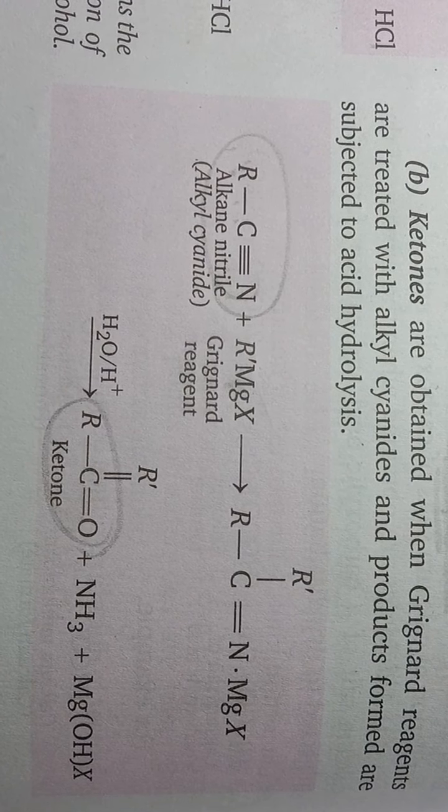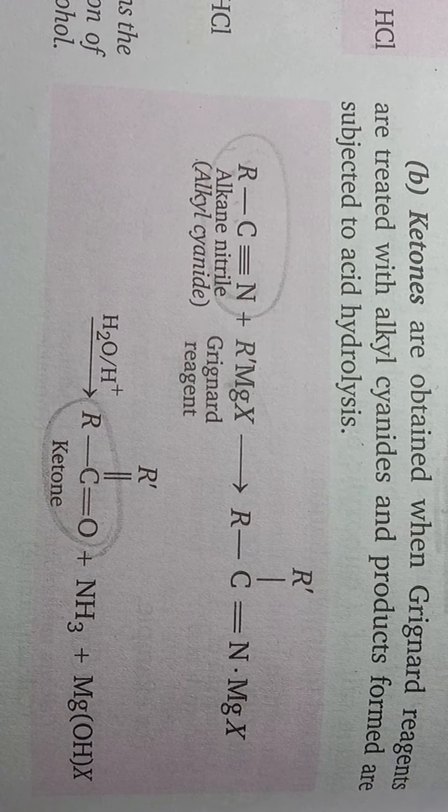Okay students, so in this preparation again this R part of Grignard reagent will join to this unsaturated carbon and this MgX part to this nitrogen. Then you will get similar type of addition product, and again hydrolysis.